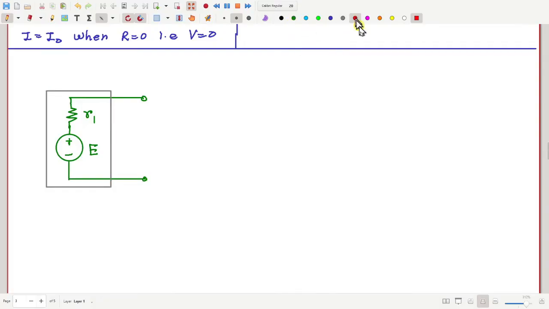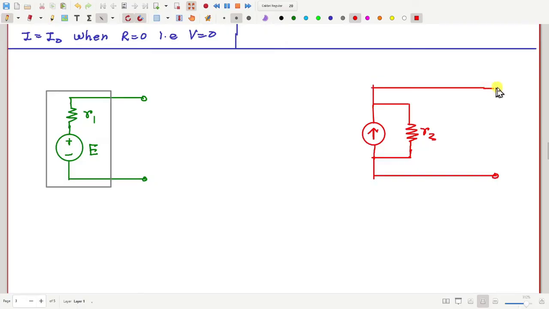At the same time, consider a practical current source, which is equivalent to an ideal current source I naught in parallel with a resistance R2. Let me again put this in a box.